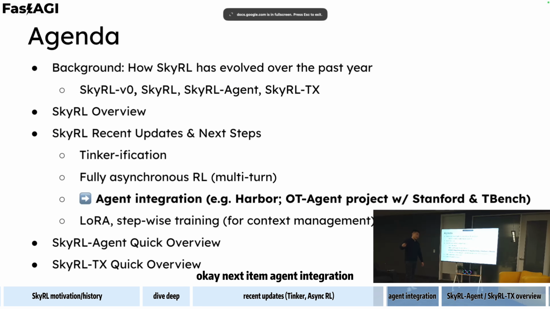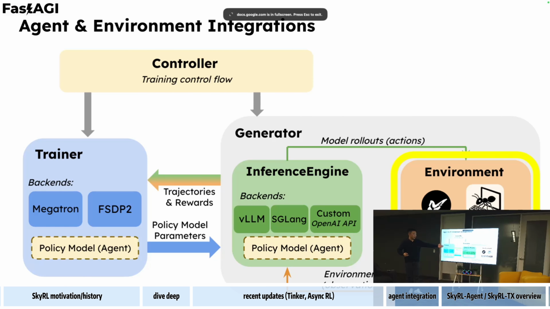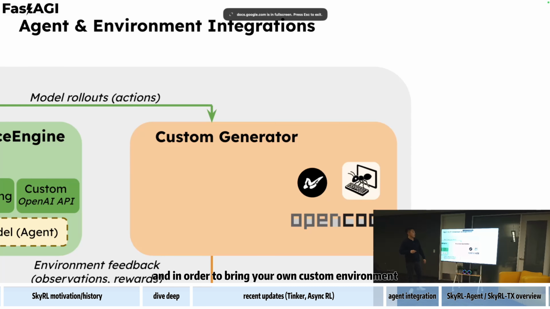Okay, next item, agent integration. Again, this is the systems diagram. We support SkyRL Gym, an in-house environment which uses the Gymnasium API. You can use this for deep research or some lightweight types of tasks. But you might not be satisfied with that, so you can bring your own. For instance, we integrated with Prime Intellect's Verifiers Hub, mini-SWE-agent, or OpenCode.